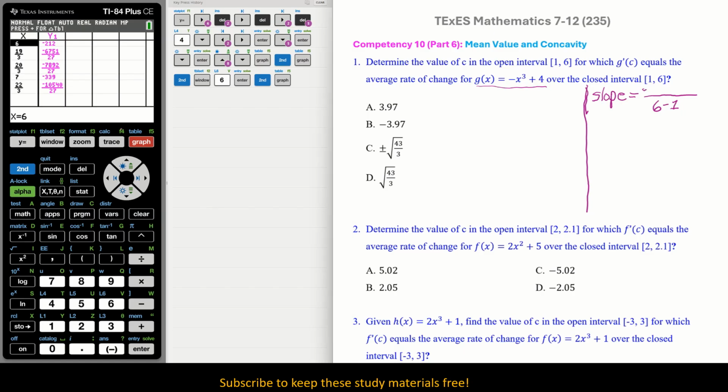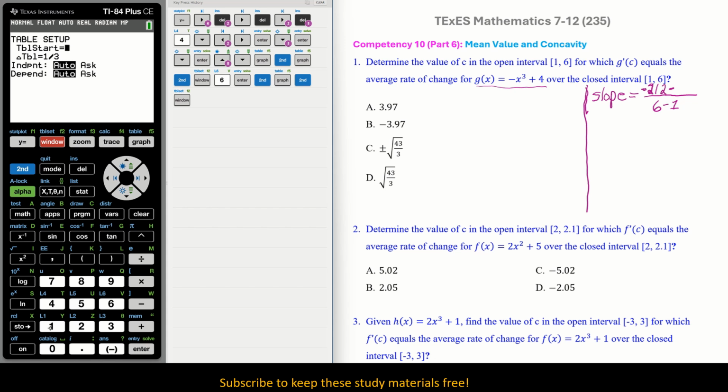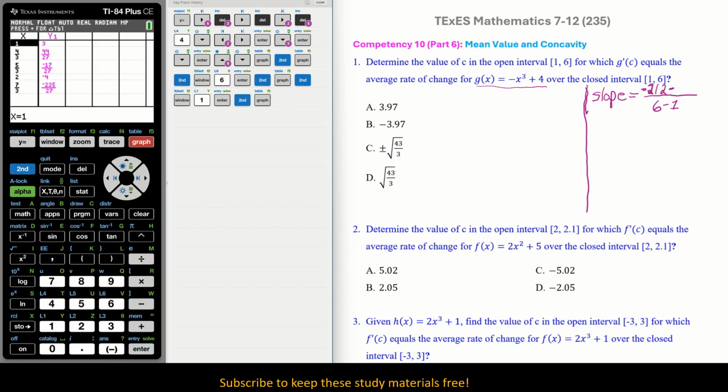So that is negative 212. Now I need to subtract the value of 1. So now I will go back again and just push number 1, push enter. Second graph. Okay, and that is 3.